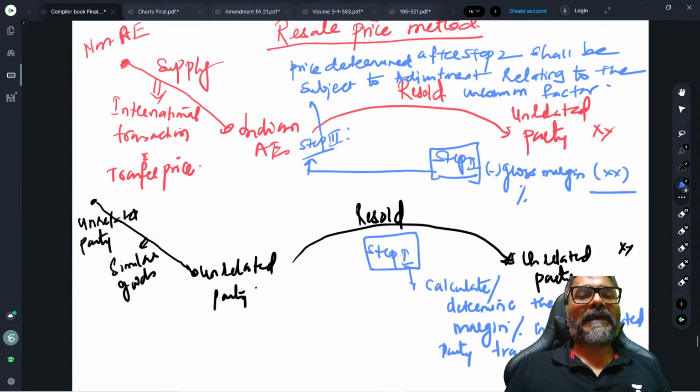So the price that you will determine, students, after step number 2 shall be subject to the adjustment which is relating to the uncommon factor.